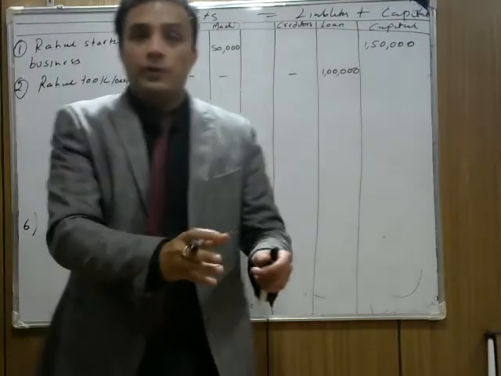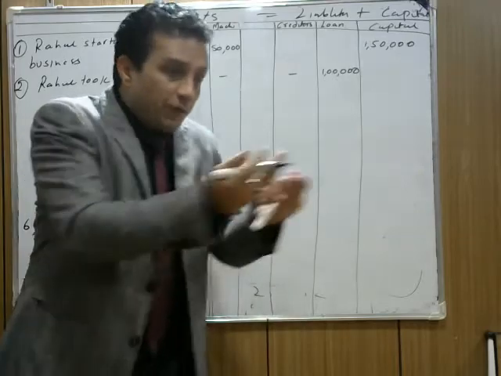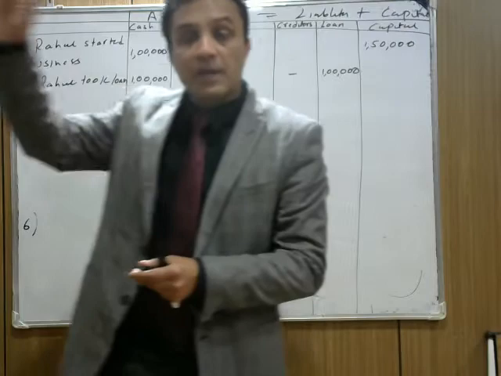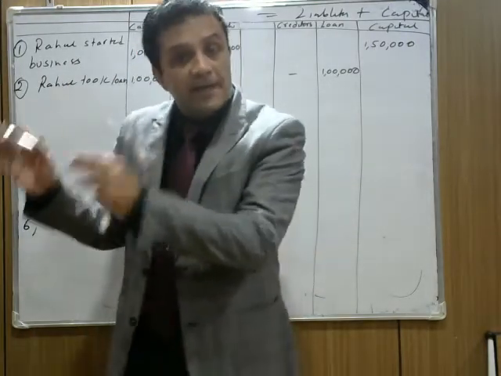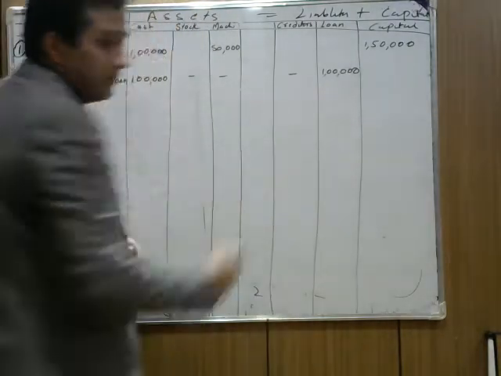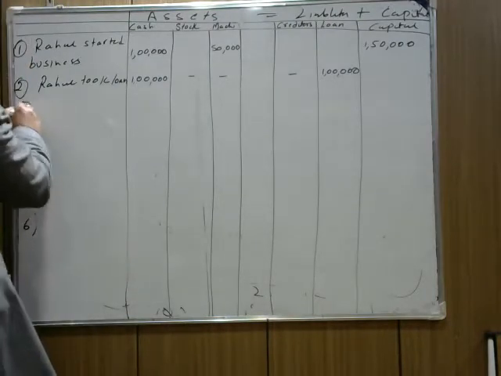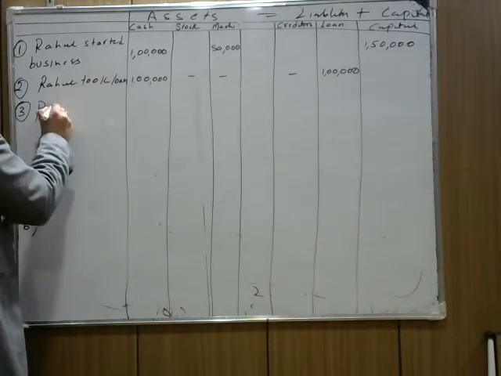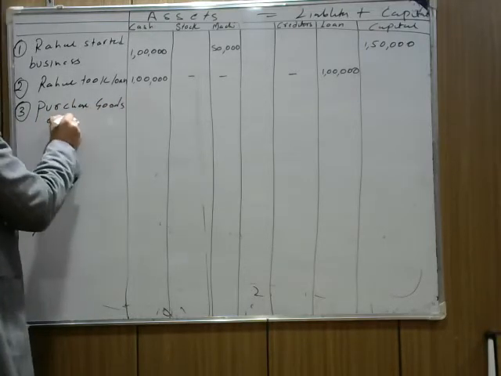Means when you took a loan for your business purpose, your cash increases, the firm's asset increases, because what came to the firm? Cash came. But at the same time, the firm's liability also increases because this loan we have to repay back. Is that clear now? Cash also increases as well as liability also increases. We write loan. The third transaction is purchase goods on credit rupees 40,000. You purchase goods on credit.